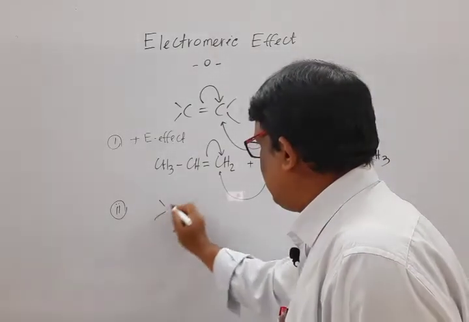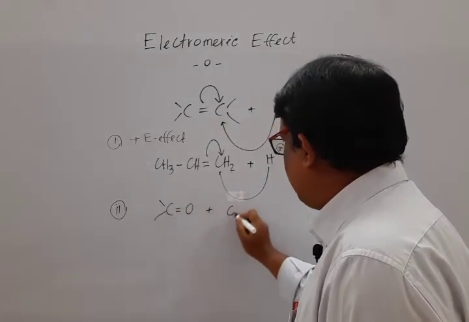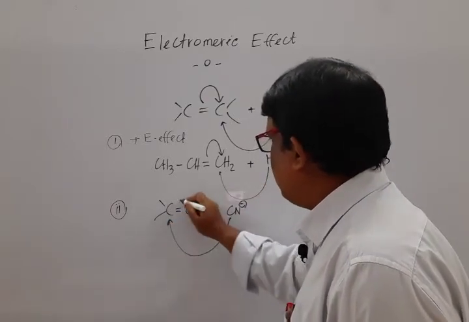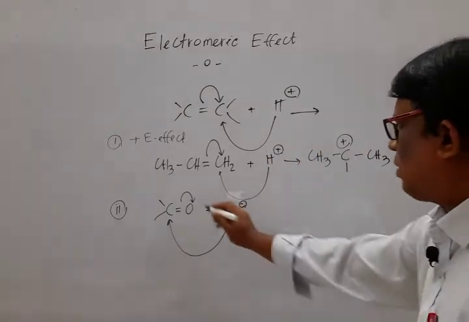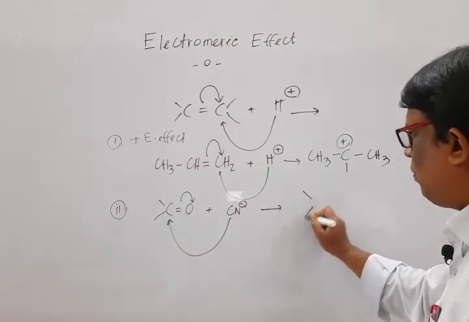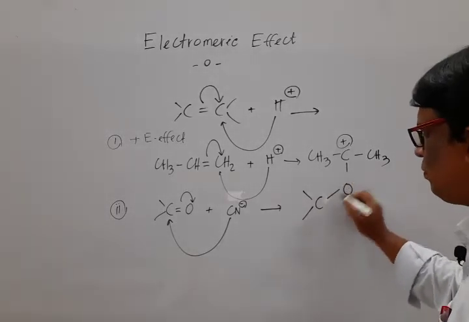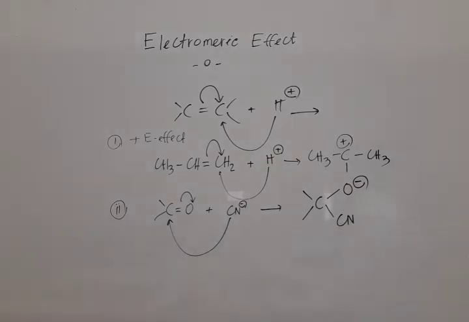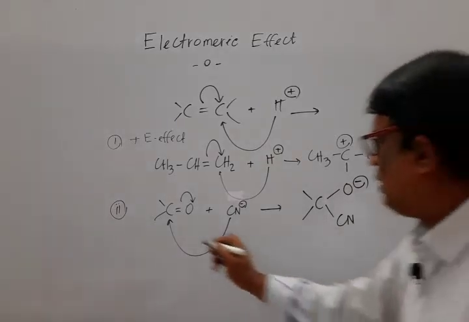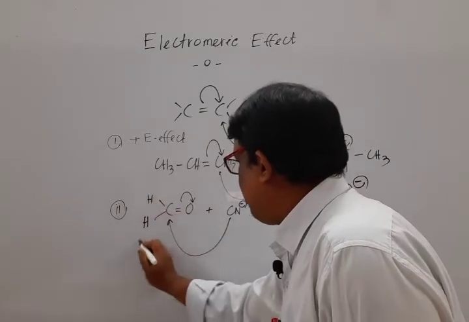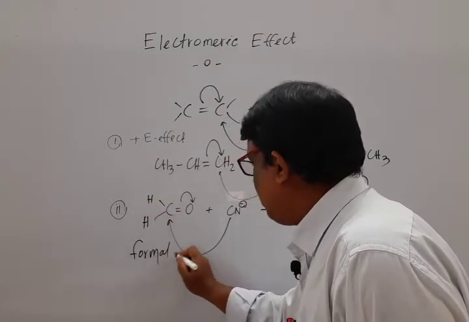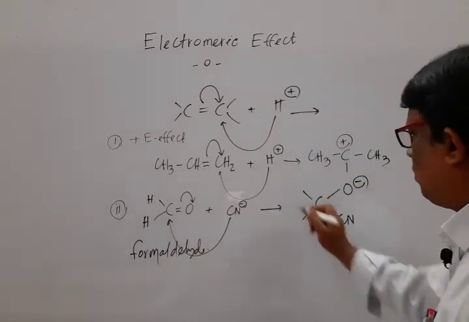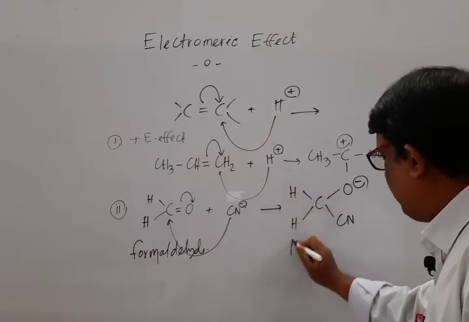Mark that, to a carbonyl group, if the attacking reagent is cyanide and it attaches to this carbon, then this bond breaks and the pi electron cloud moves here, resulting in the formation of an anion.